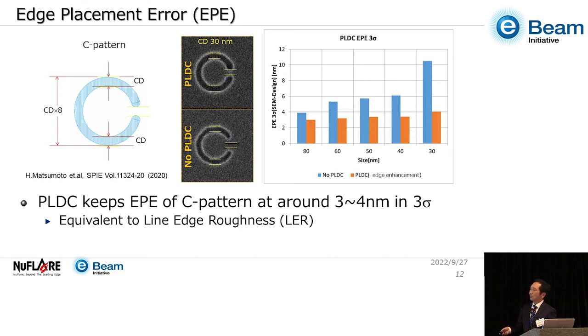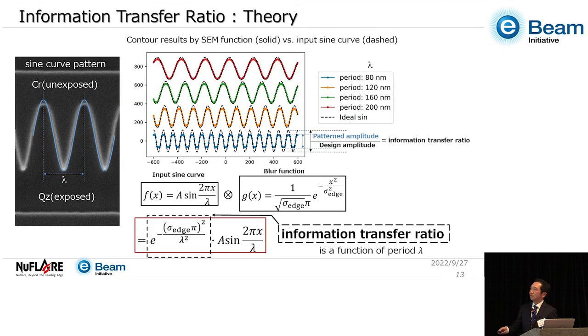So we even advanced the evaluation pattern to use a sine wave pattern. In the case of a sine wave, the amplitude can be a good indicator of pattern fidelity. So this is a theoretical expression of the sine wave amplitude transfer ratio.